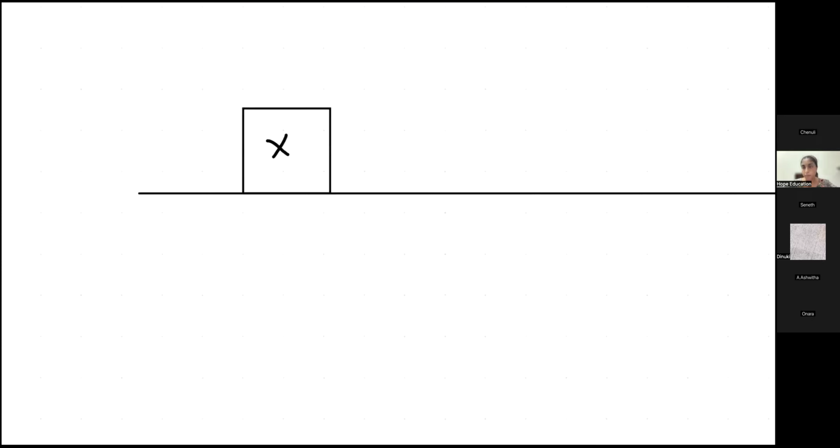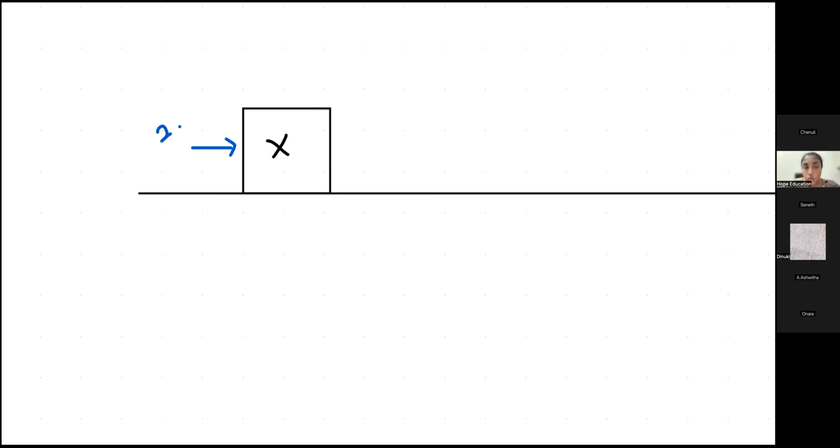So because I want to move X, I'm going to apply a force of 2 newtons to X, right? Now X is in contact with the table surface, right?